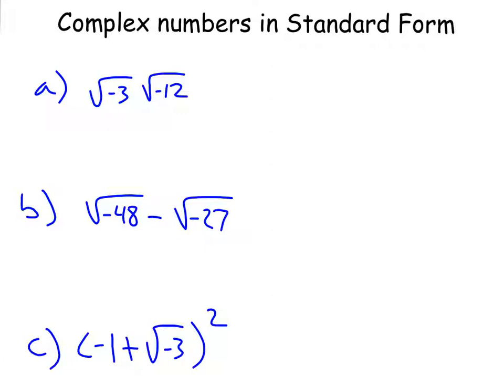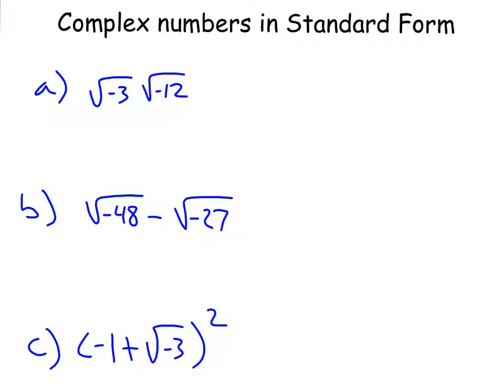Now, what if you come across some problems like these? These can freak people out, but they're really important because if you come across an imaginary number within a polynomial, it's probably going to be something like this.